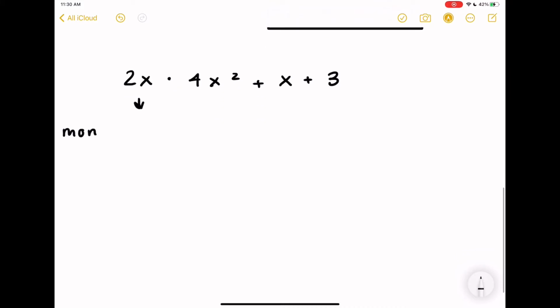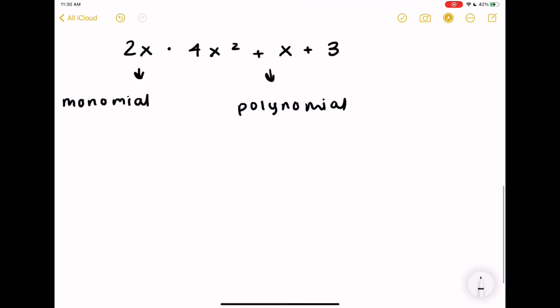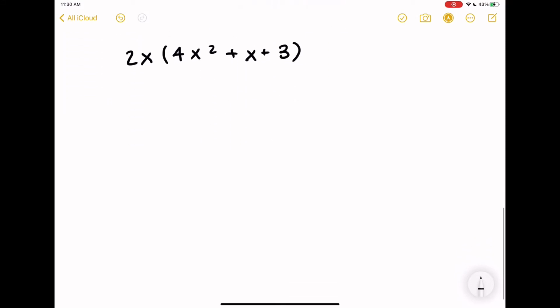So 2x times 4x squared plus x plus 3. 2x is a monomial, and 4x squared plus x plus 3 is a polynomial, as we can tell by the number of terms. First things first, we're going to put it in parentheses. The parentheses indicate multiplication. You put the monomial outside of the parentheses and the polynomial inside.